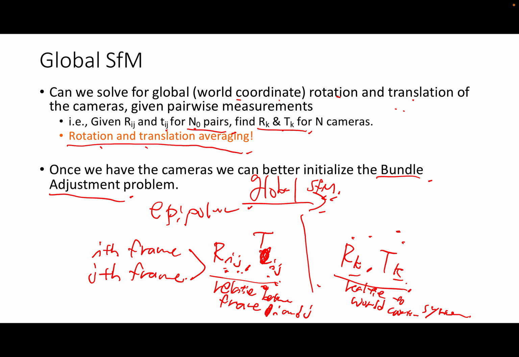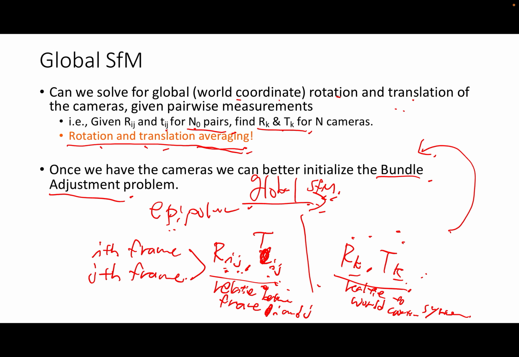At first we use epipolar geometry to get relative rotation and translation between frames, then global SfM with rotation translation averaging to recover camera rotation and translation in the world coordinate system, and then bundle adjustment to further refine the cameras and 3D geometry.